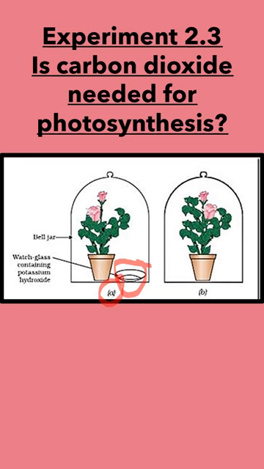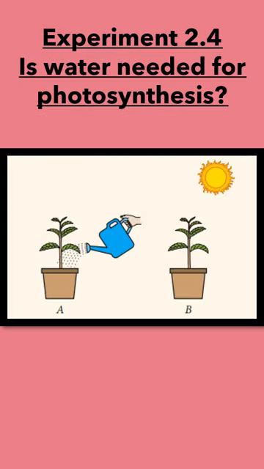We are going to study whether this plant can produce starch or not. As you can see, no starch is produced by this plant after the experiment. But in B, dark blue coloration is present because starch is produced during photosynthesis.